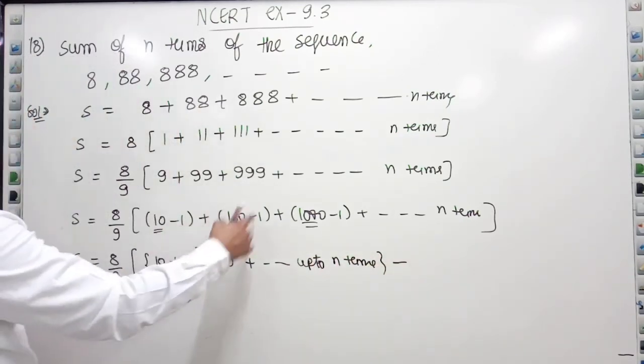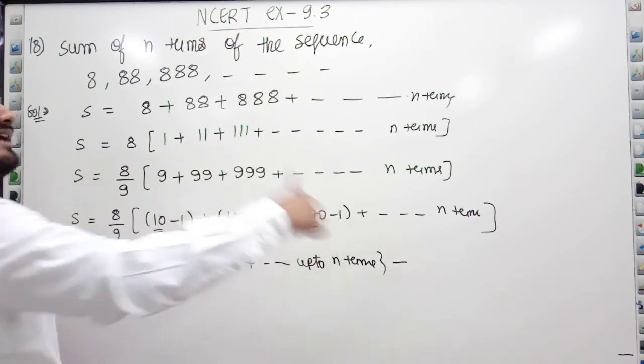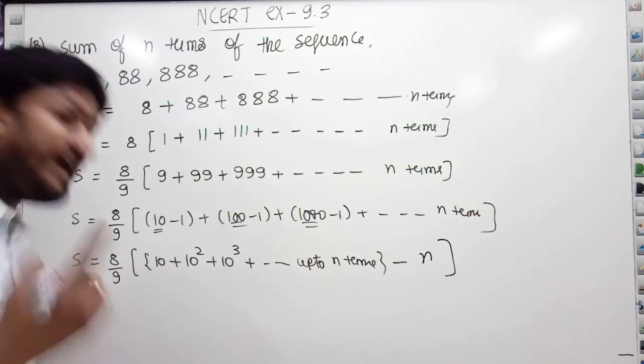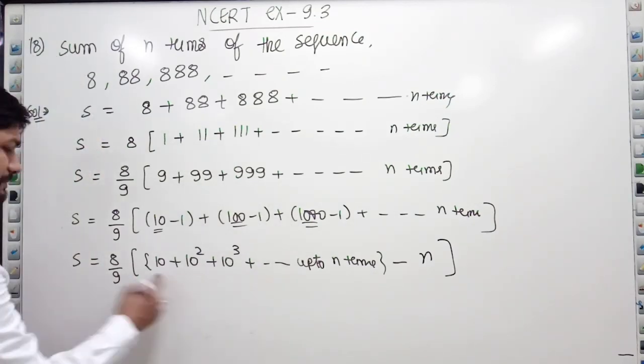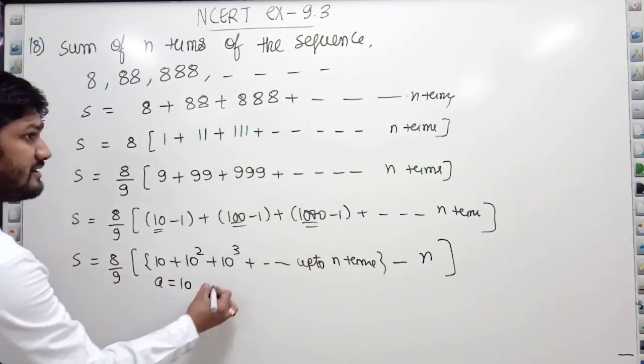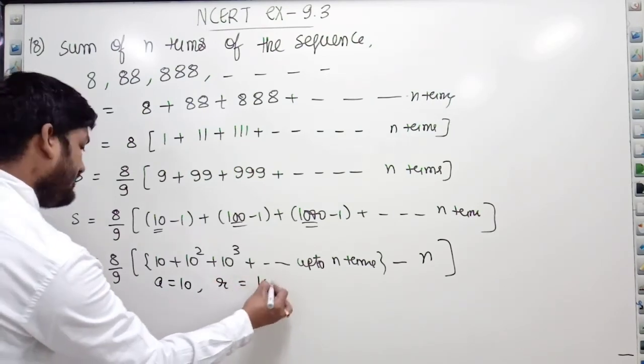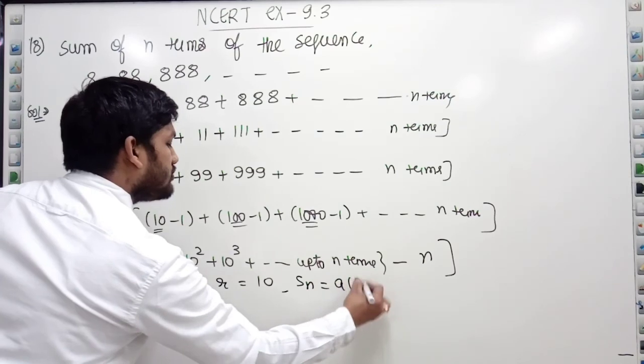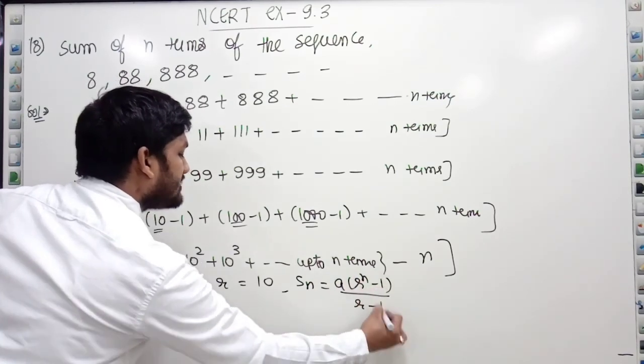Minus 1 is how many times? 1 plus 1 plus 1, n times, so it will be n. If you add 1 n times, you will get n. This is in GP. The first term is 10. The common ratio is 10. So we can have Sn equal to a, r to the power n minus 1, upon r minus 1.